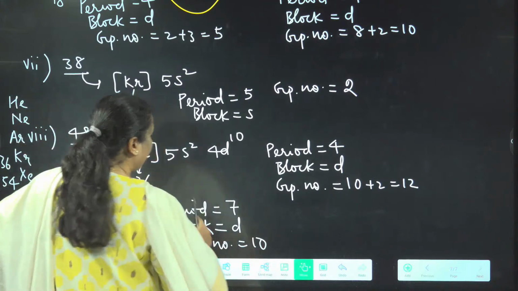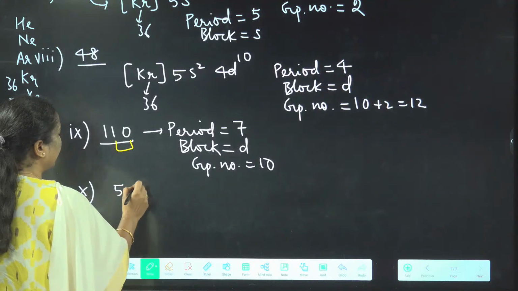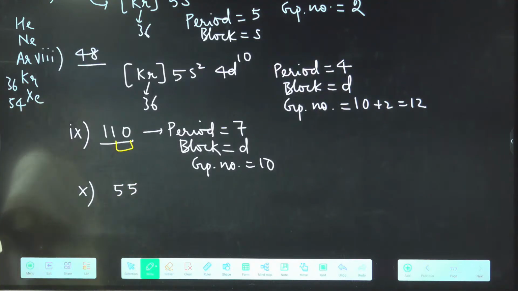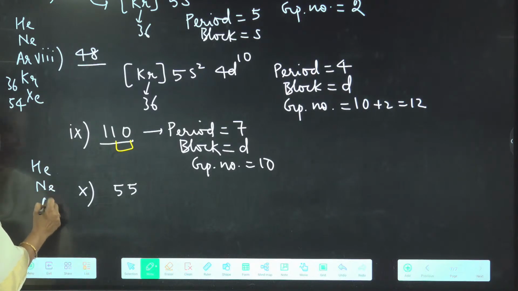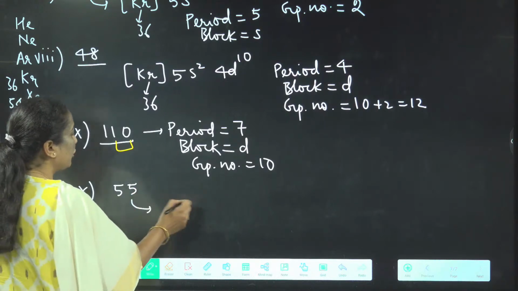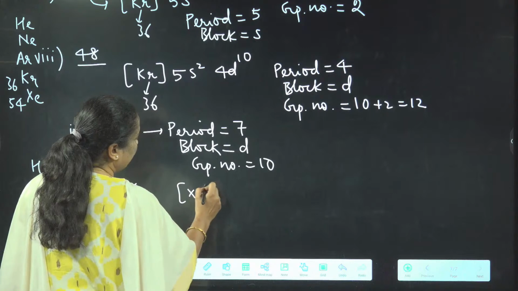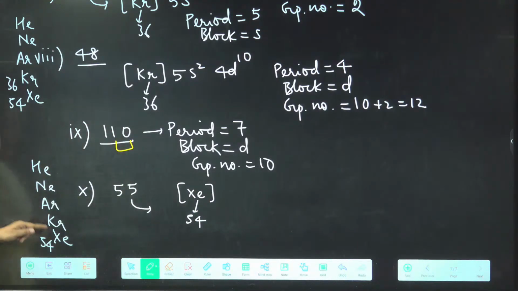Getting it? Take one more which I am giving you. 55, suppose I give you 55. So helium, neon, argon, krypton, xenon. So xenon is 54, which is closest to this. So what I am going to write is xenon, which is 54, and xenon is 1, 2, 3, 4, 5, the fifth inert gas.